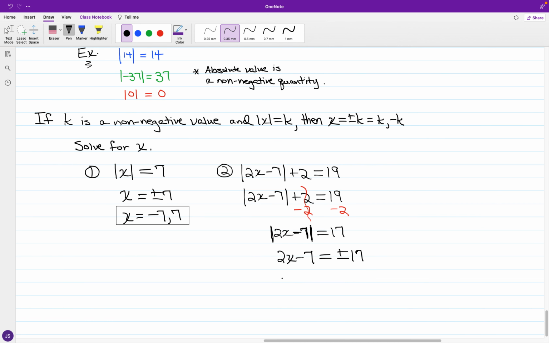Okay, so we have two modes of operation for 2x minus 7. One is going to be setting the binomial to negative 17 as one possibility in the lead up to x, and the other one, in this case, we have 2x minus 7 is equal to 17.